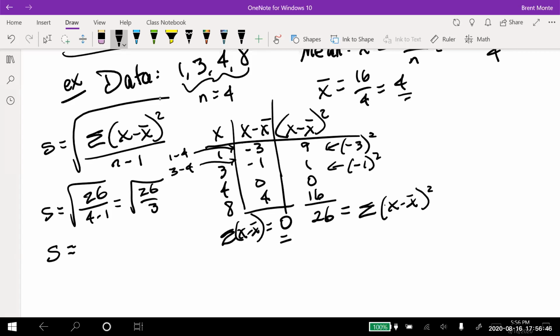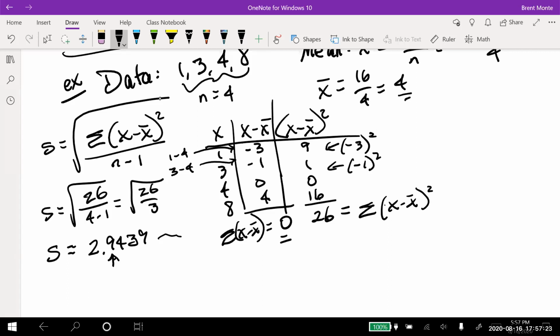Remember, we round to 1 decimal place. I don't want to do 26 divided by 3, round it, and then take the square root. So in my calculator, I'm putting in the square root of 26 divided by 3. And what I get is 2.9439 and more stuff, but I want to go to 1 decimal place, because remember, with calculations, I go to 1 decimal more than the original data was.